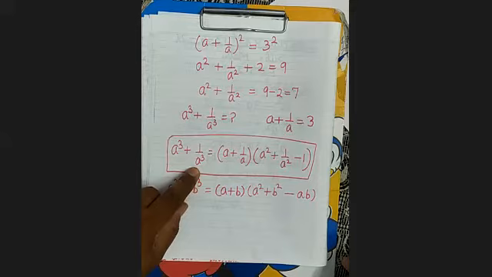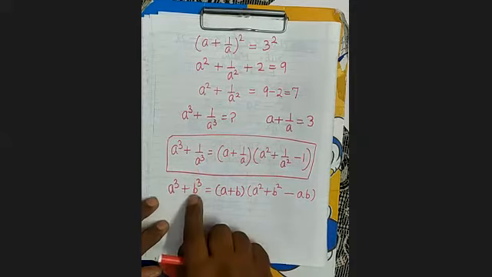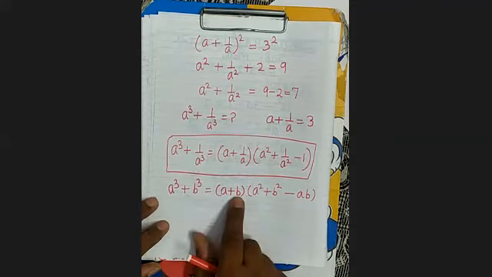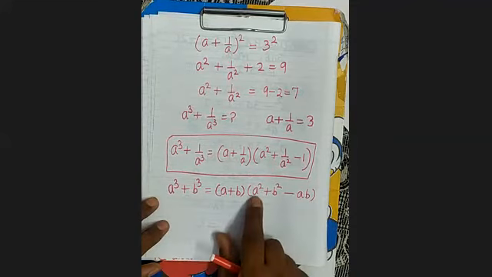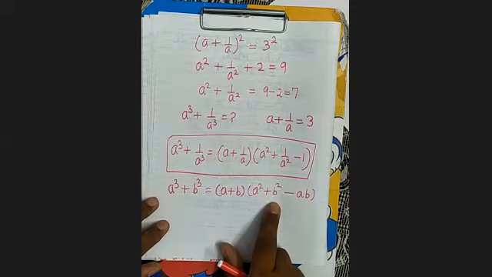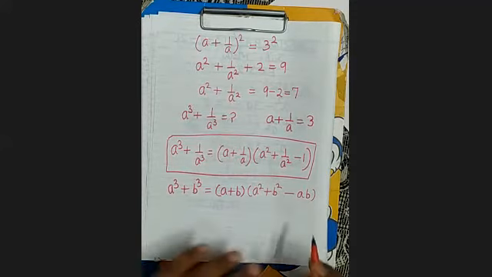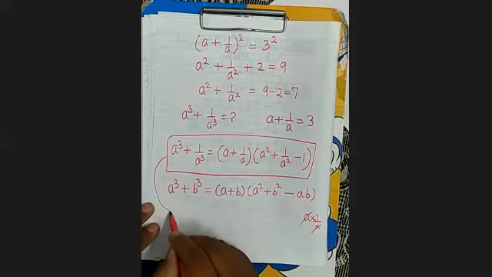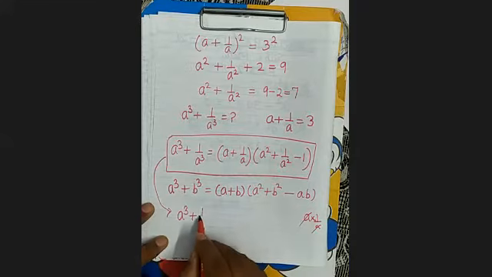It's clear? यहाँ पर B के प्लेस पर क्या रख दिया गया? 1 upon A. So in one bracket you will get A plus 1 upon A. Then A square plus 1 upon A square. And when you find AB, A into 1 upon A means 1. So we will use this formula. So it will be A cube plus 1 upon A cube.